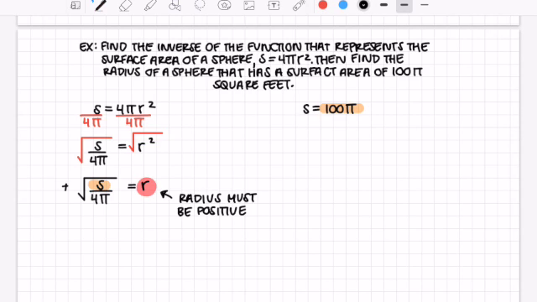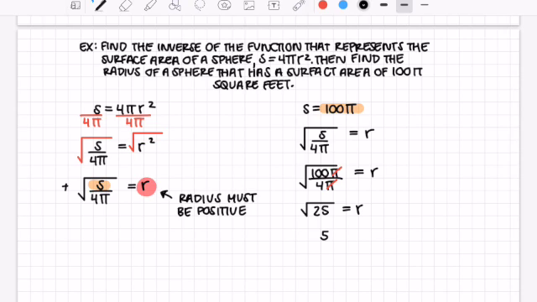So I'll take my formula, the square root of S over 4 pi equals r, and substitute into the S value, so that now I have the square root of 100 pi over 4 pi equaling r. The pi's can cancel out with each other, and I get left with inside 100 divided by 4, which is 25. And 25 square rooted is just 5. So the radius would be 5 feet.